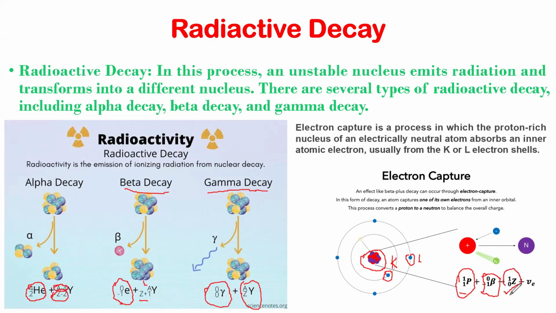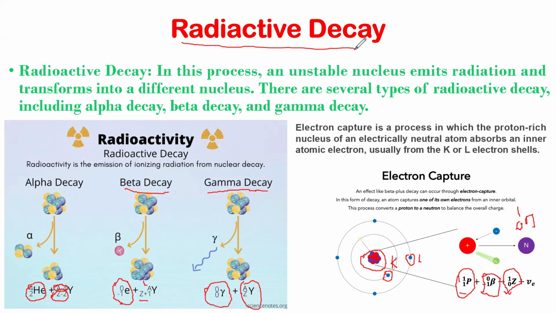This Z here is neutron. Of course, you know that a neutron has a mass number of 1 and atomic number of 0. So you see, in the process of this electron capture, the protons are converted into neutrons. So this is actually in the case of radioactive decay, which is the third type of nuclear reaction.